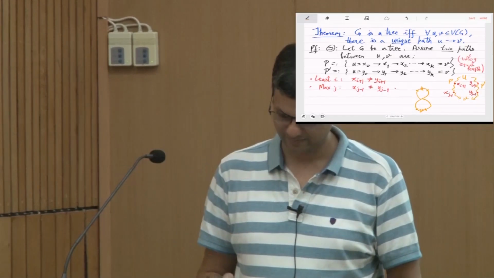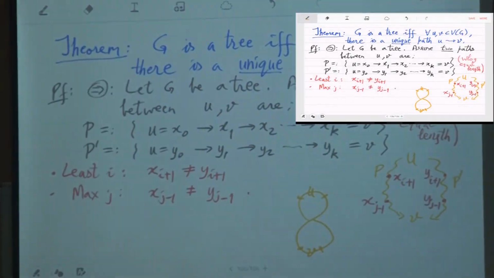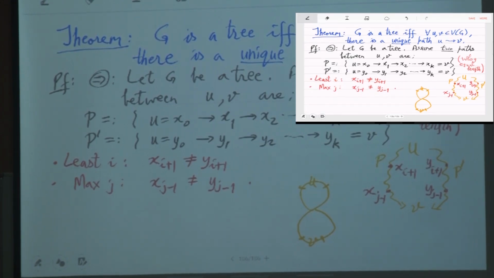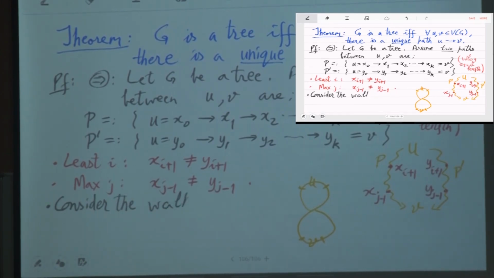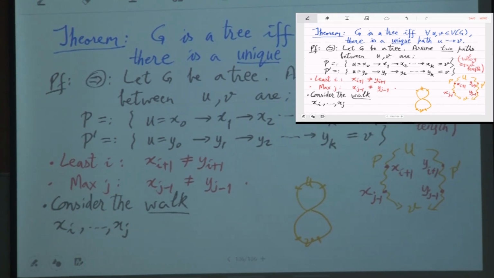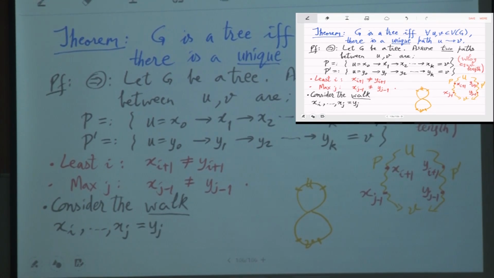So let's define the walk, assuming these ij. So consider the walk. I want to go from xi to xj. And then at xj, I can switch to y's.